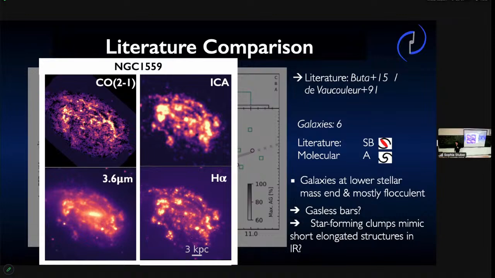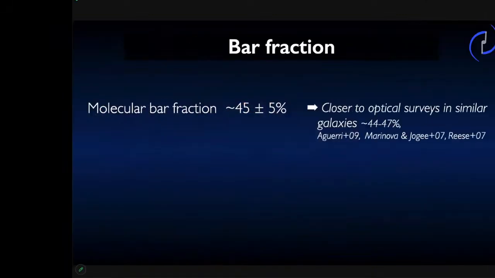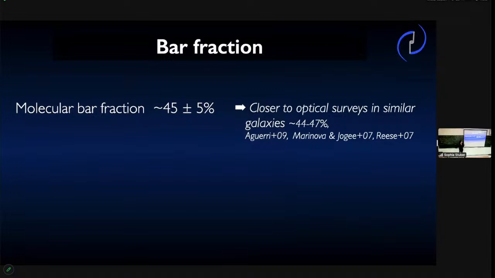And just to emphasize this even more, we can calculate the bar fraction based on our classifications. Of course, about 90 galaxies is not really that large of a sample to constrain an actual bar fraction. But if we do that, we find about a 45% bar fraction based on our molecular gas classifications, which is very similar to what optical surveys find in a sample of similar galaxies.